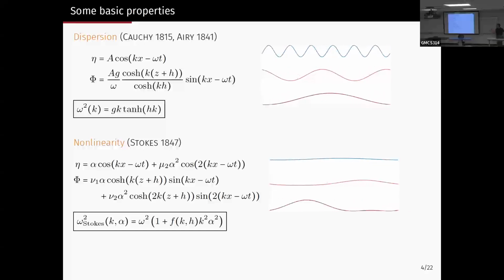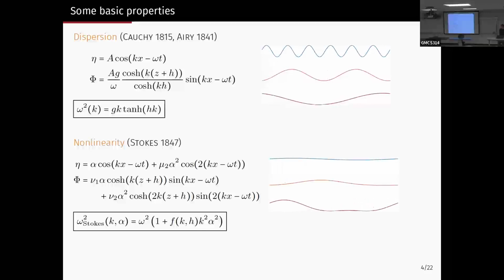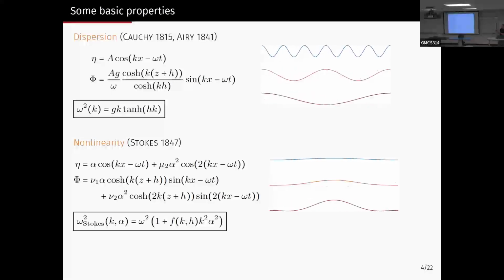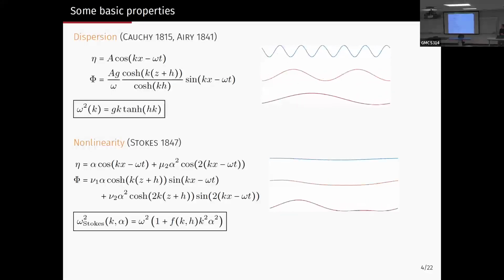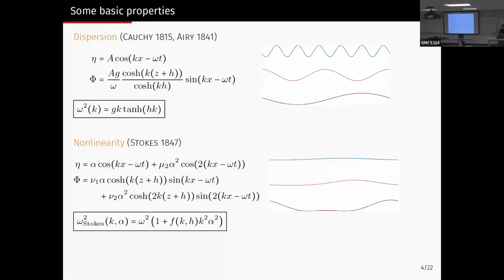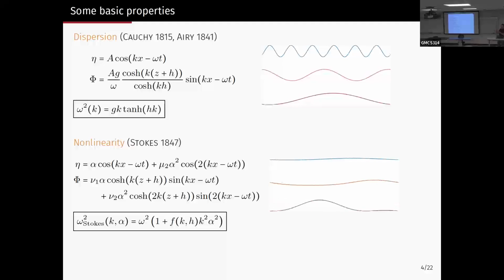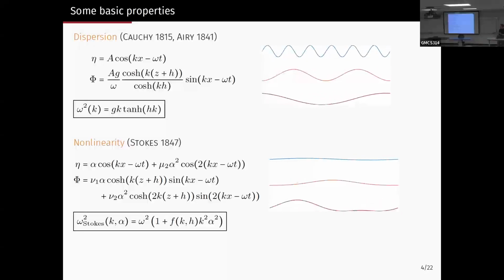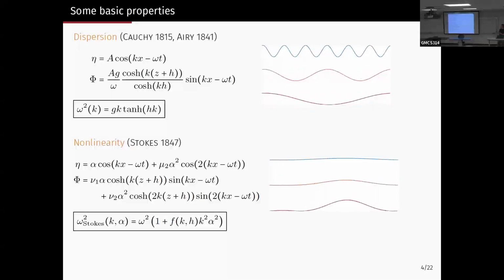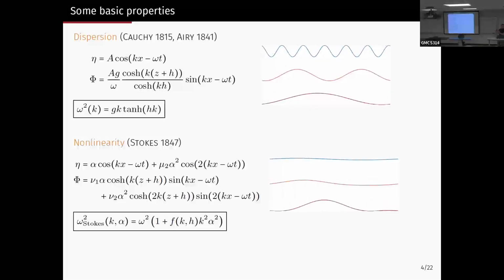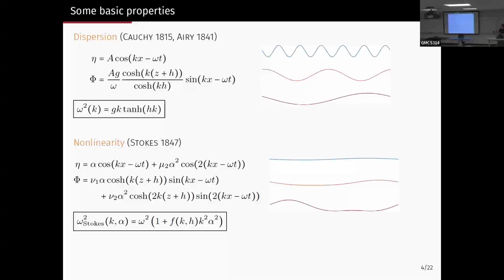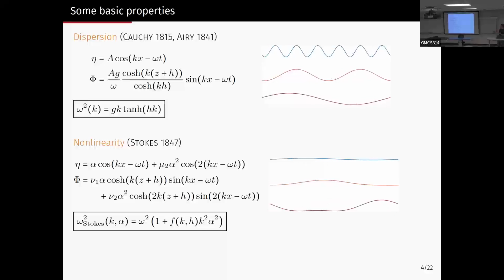It's actually a very important relation because it relates, if you want, the frequency omega with the wave number. So it connects the temporal and spatial scales of the problem. And what it says is that different wave numbers or different frequencies travel with different speeds, what you see here in this animation.